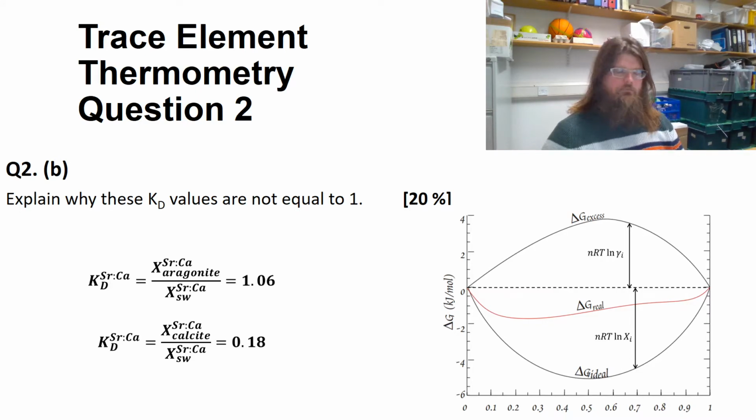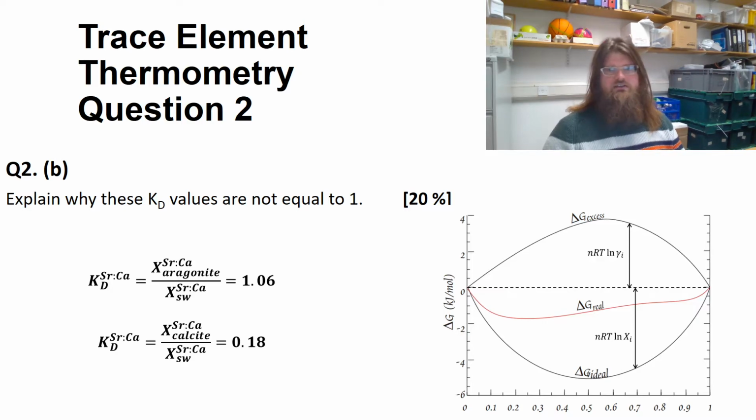Okay, so there will be some energy required to fit the strontium into the calcium, and that causes there to be a change in the activity of that element in the mineral. Right, so that's what we were broadly looking for here.